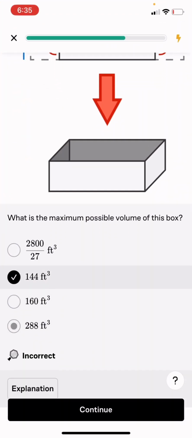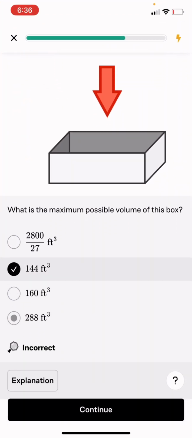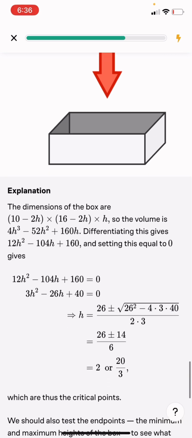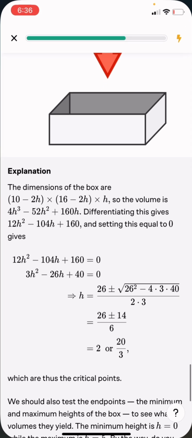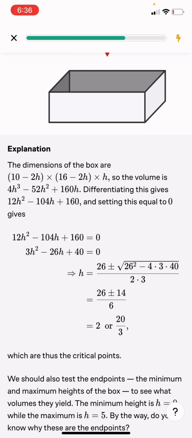I believe 200. Okay. The dimensions of the box are 10 minus 2 times height, times 16.